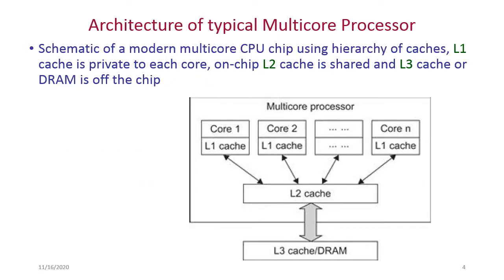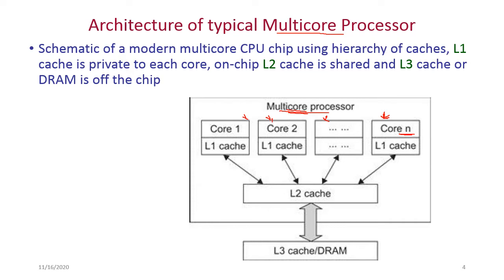Now let us see the architecture of a multicore processor. In the multicore processor we have n different cores, for example n cores in this multicore processor.